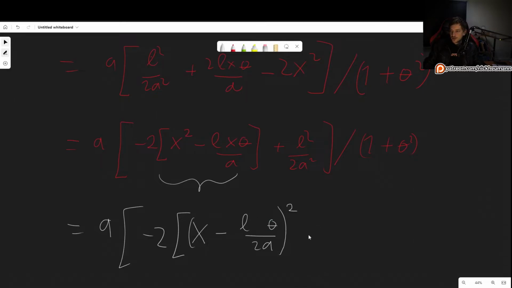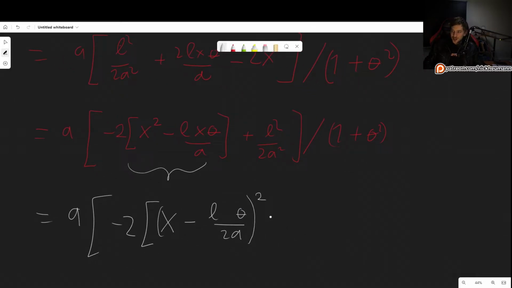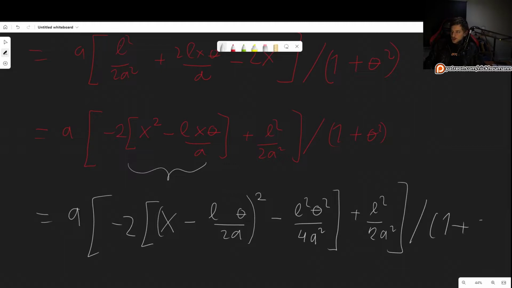But now, for this to be legal, we need to subtract L squared theta squared over 4a squared. And then everything else plus L squared over 2a squared, and all of this divided by 1 plus theta squared.